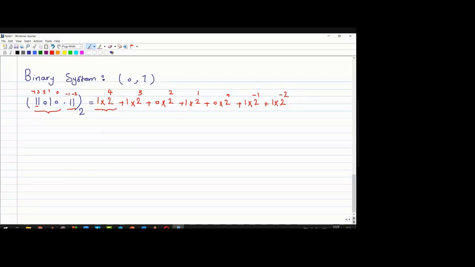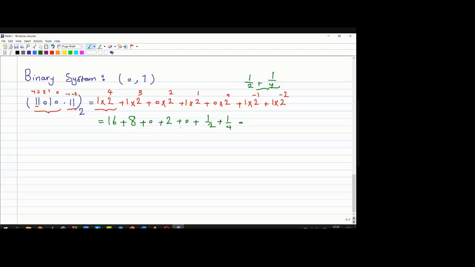Now, what is this number? 2 to the power of 4 is 16, 2 to the power of 3 times 1 is 8, plus 2 to the power of 2 is 4 times 0 is 0, plus 2 to the power of 1 is 2 times 1 is 2, plus 2 to the power of 0 times 0 is 0, plus 2 to the power of minus 1 means 1 divided by 2, and also 2 to the power of minus 2 is 1 divided by 4.